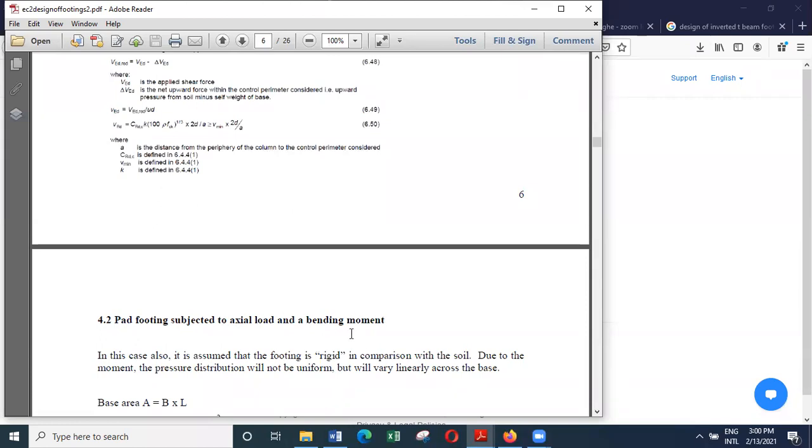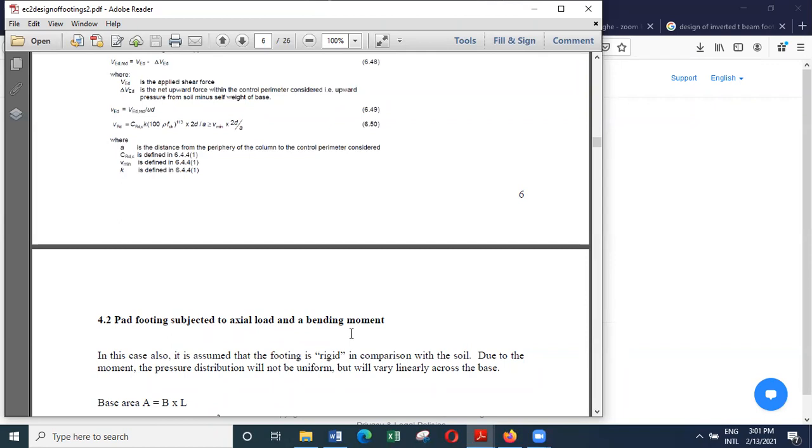We will also look at how we deal with the punching shear resistance, because when you have an axial load and a bending moment, the stresses are varying everywhere. On one side you get higher soil pressure, on the other side you get lower soil pressure, but we have a punching shear perimeter which goes right round.